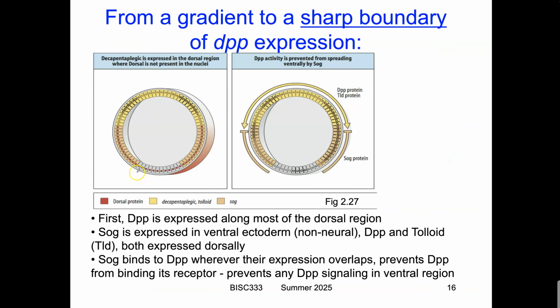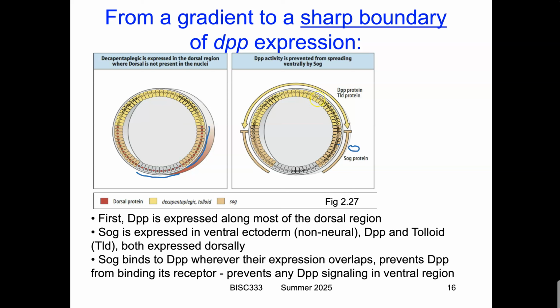Okay, so if you go again to the ventralmost part, you've got your dorsal protein in the nucleus, and then in this region here you have SOG. SOG protein is really interesting because it's secreted and it's sitting out here sometimes in this region between the cells and the vitelline envelope.